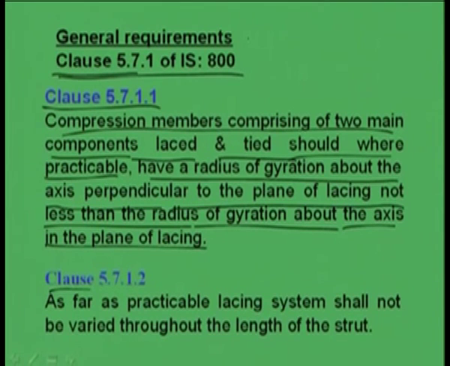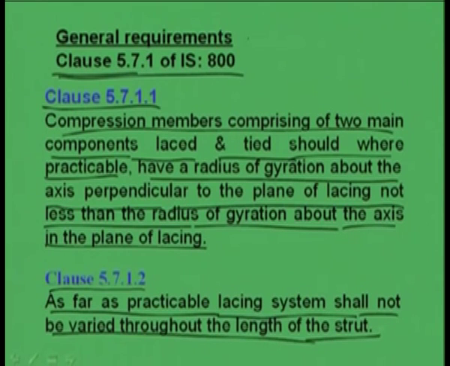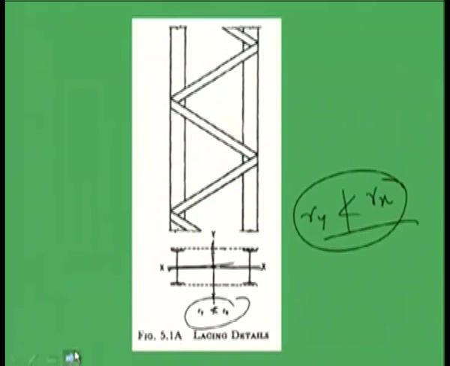Another clause says that as far as practicable, the lacing system shall not be varied throughout the length of the strut. That means the dimension of this lacing, this lacing and this lacing should not vary, should be uniform.